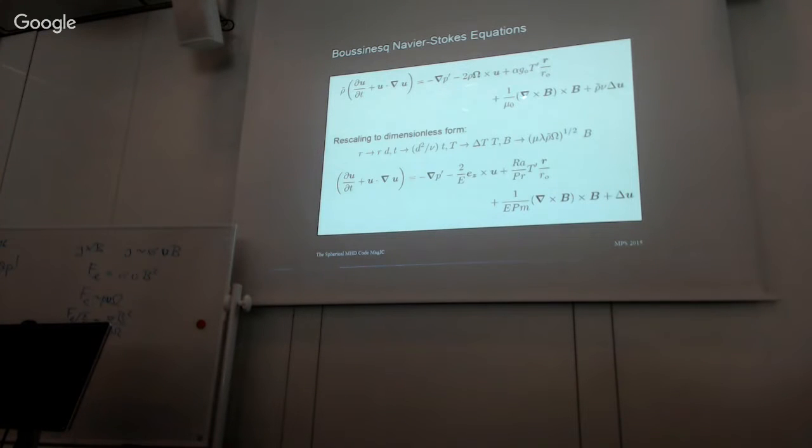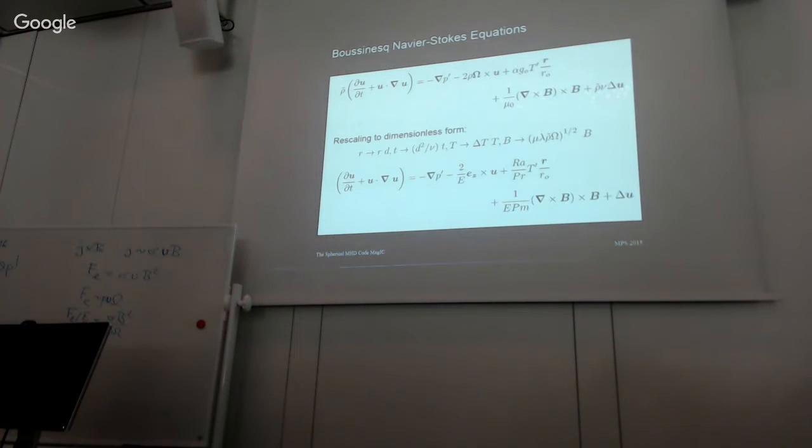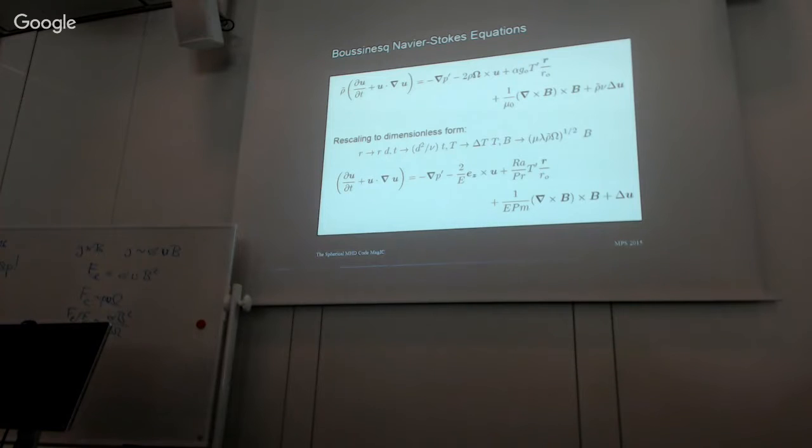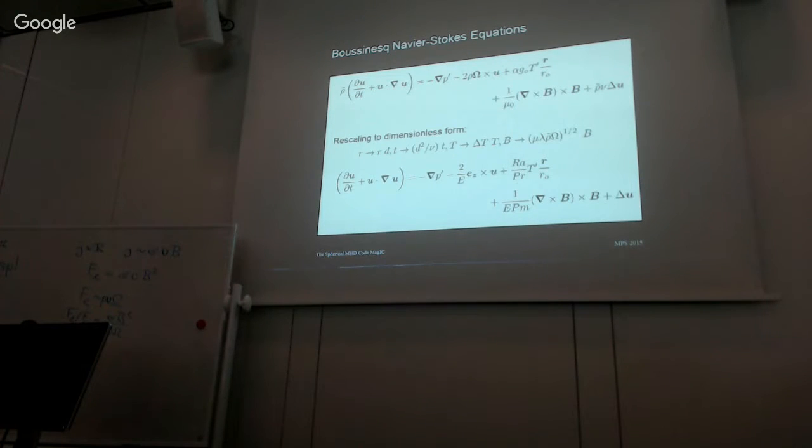That's subtracted here already. The Lorentz force is first order, and then you have the background density profile times first order velocity. So this is the first order disturbance of the background state we're solving for. And this, as I said, is the Boussinesq version of this equation, and there's also an anelastic version of this equation that you can choose.